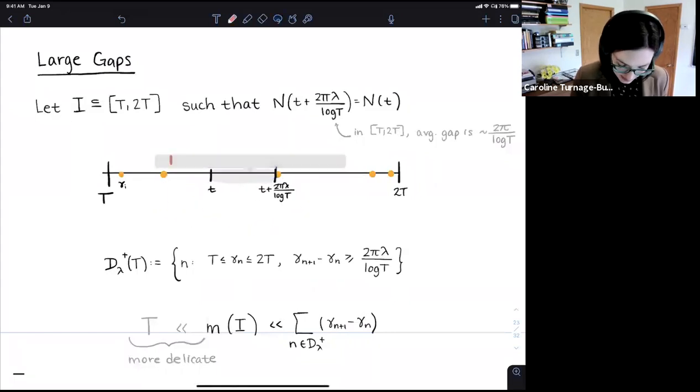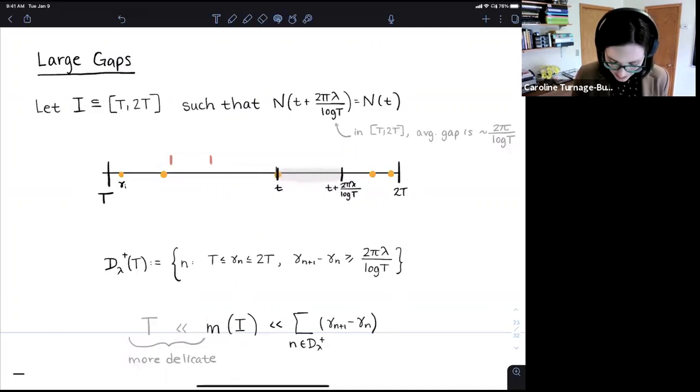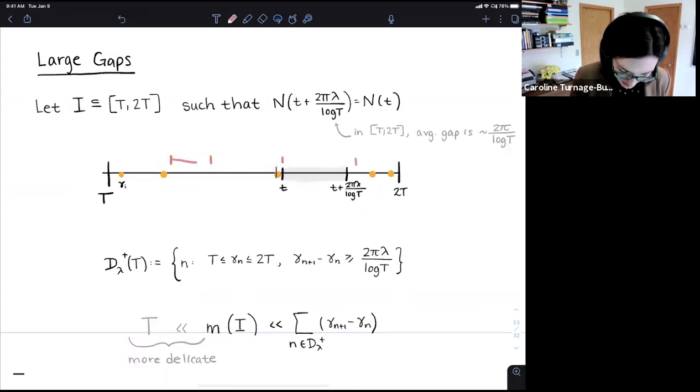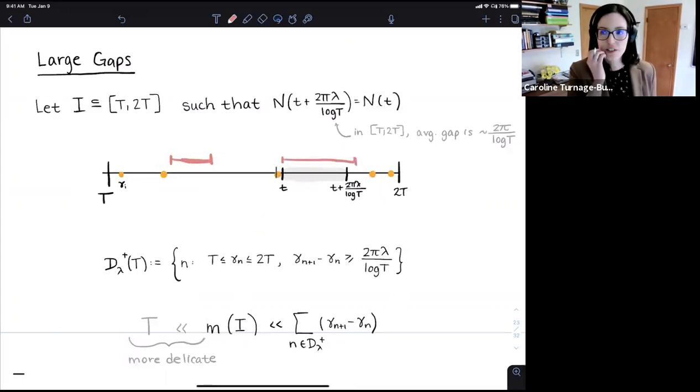So here it would end. And it could be the case that it starts back up again, like here, and I guess it would end somewhere right here. So I is just a subset that's free of zeros. You could think about it as one interval, or a collection of little subintervals.